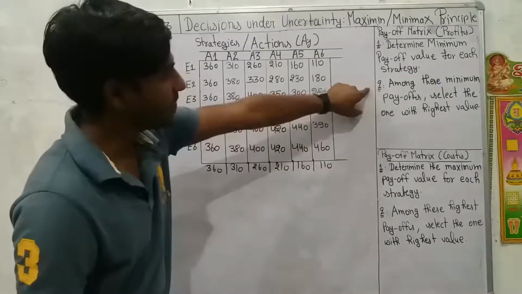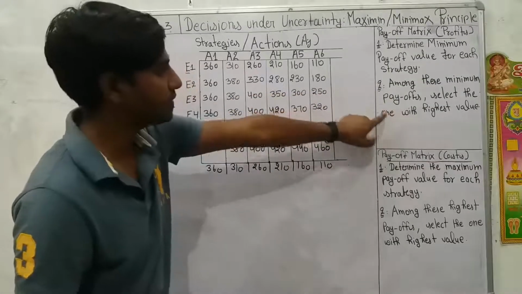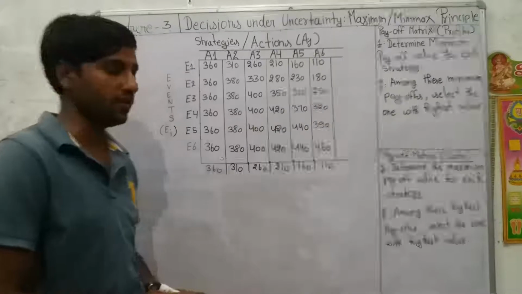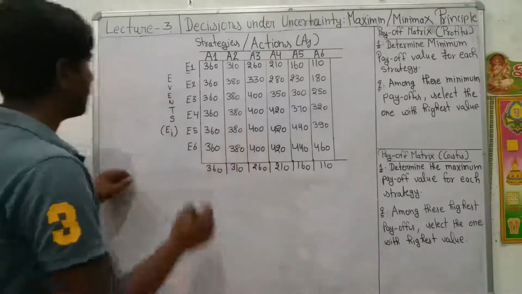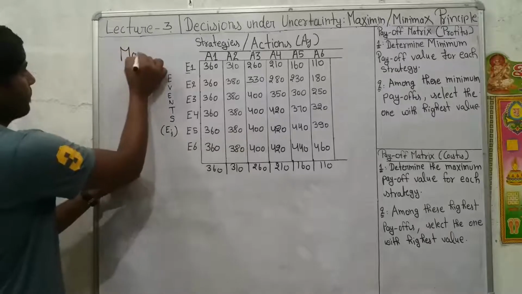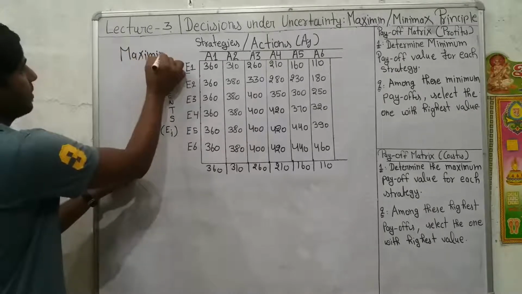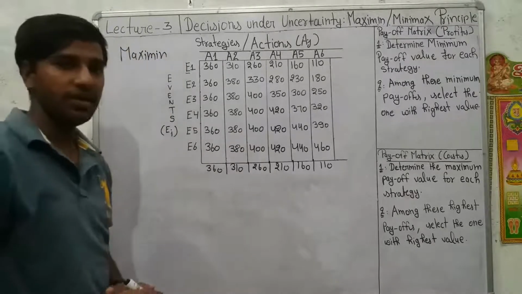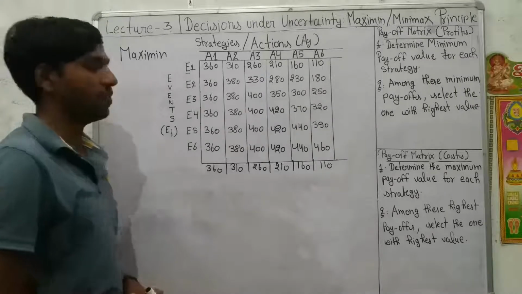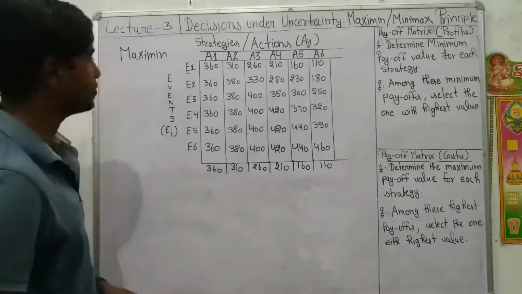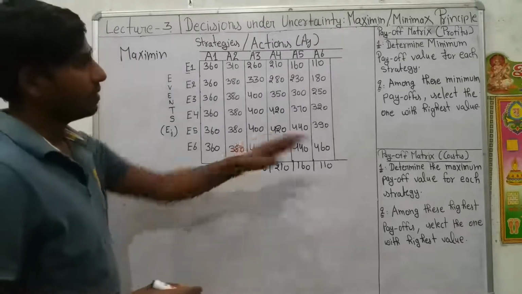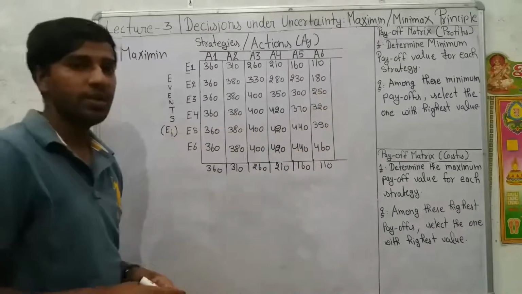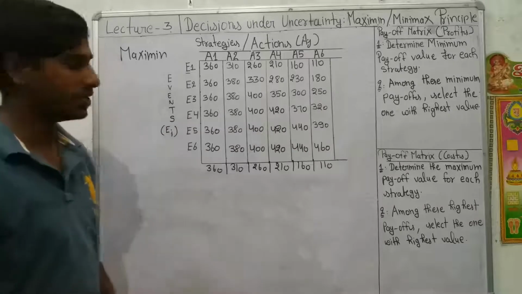What is the second step then? Among these minimum payoffs, select the one with the highest value. Remember, when the information is given in terms of profits, we would apply the Maximin principle. It means maximum out of the minimum payoffs. So the maximum payoff needs to be selected out of the minimum payoffs. So the decision maker is basically following the conservative approach here.